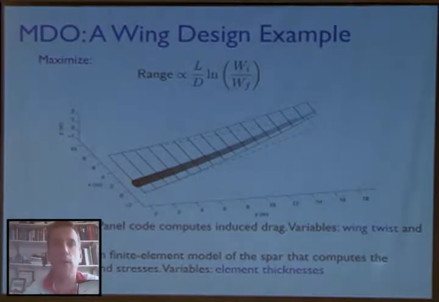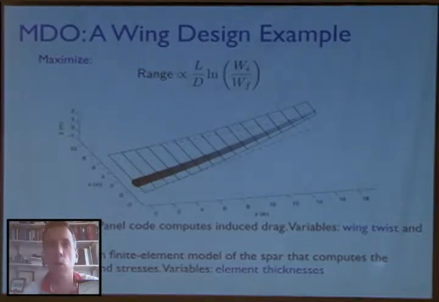So I will give you a simple example here of multidisciplinary design optimization applied to a wing design problem. In this case, we have very simple models. We have what's called an aerodynamic panel model for the wing that you see there. The structure in the middle that's a bit darker is the structural model using a finite element beam analysis.